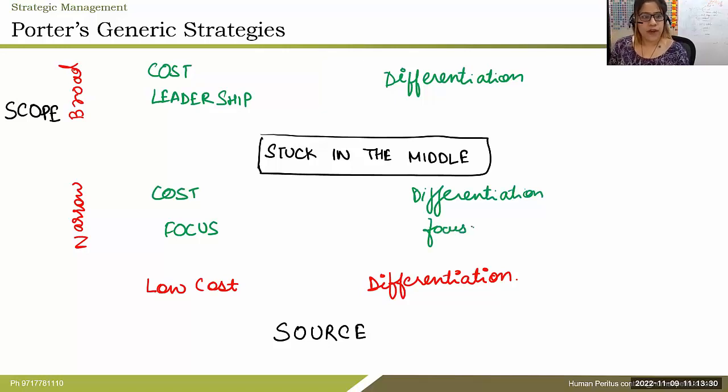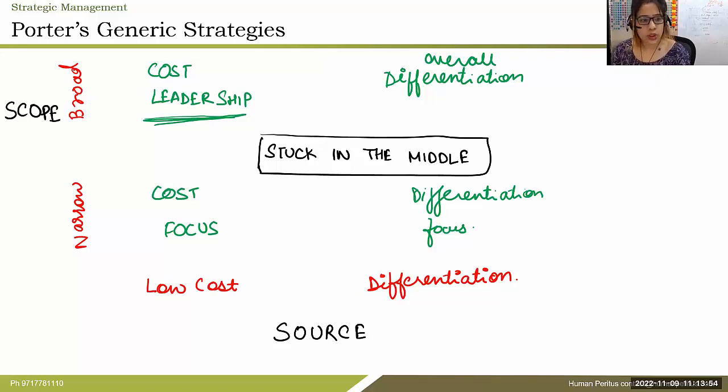Now you see, when we are looking at the broad market and we are providing a low cost, that means that we are going for a cost leadership. When the broad market is there and we are doing differentiation, then we call it overall differentiation, as in we are taking a differentiation strategy.